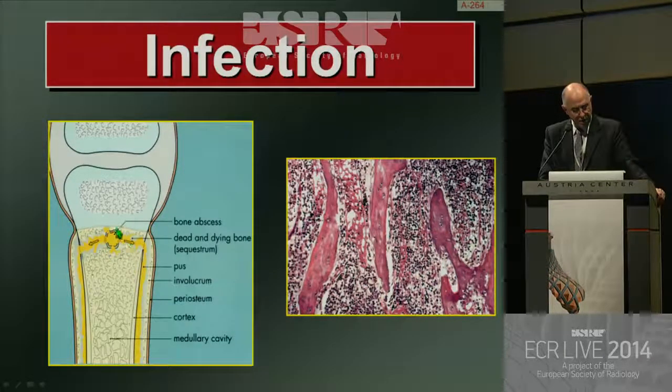And then the pressure builds up, and it's so high that the pus has to find its way out. It can only do so by spreading down the shaft, but more importantly, it goes sideways, penetrates the endosteum, penetrates the cortex, and then finds the space between the periosteum and the cortex, and it spreads down the shaft.